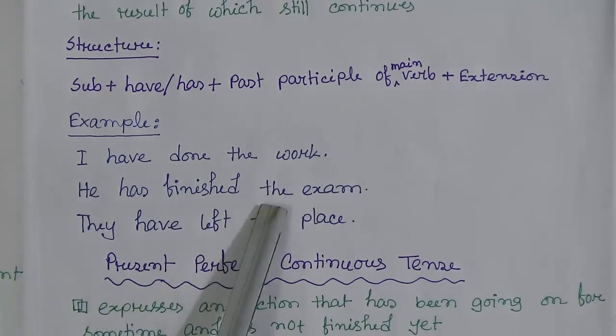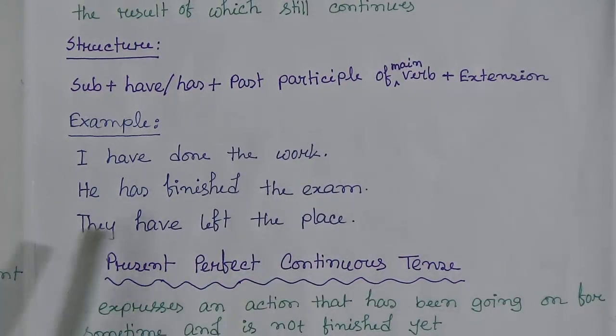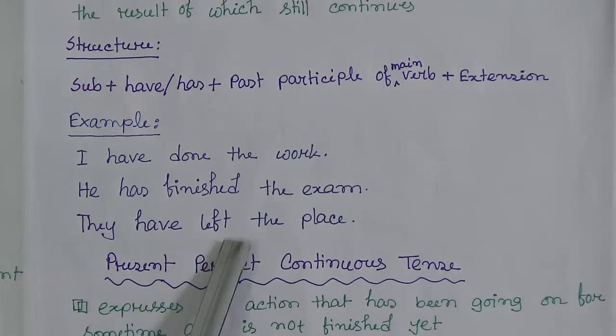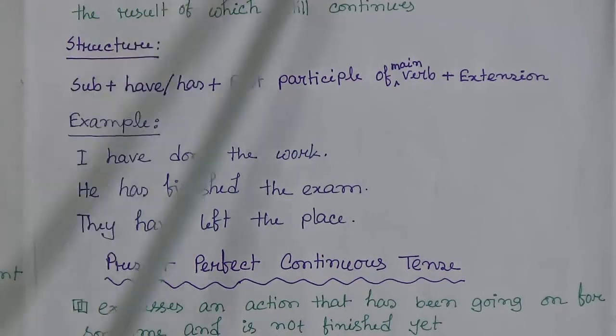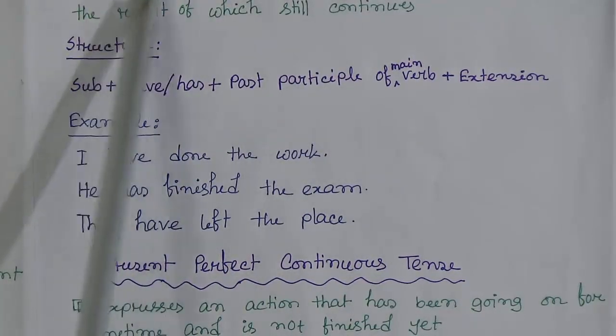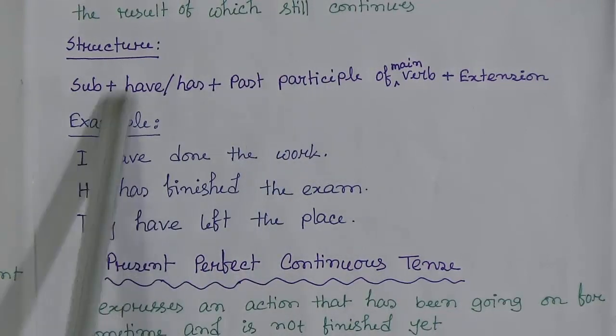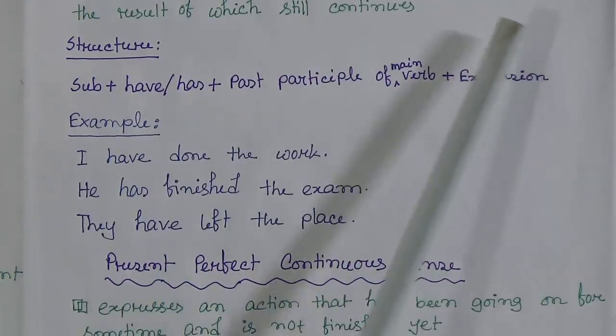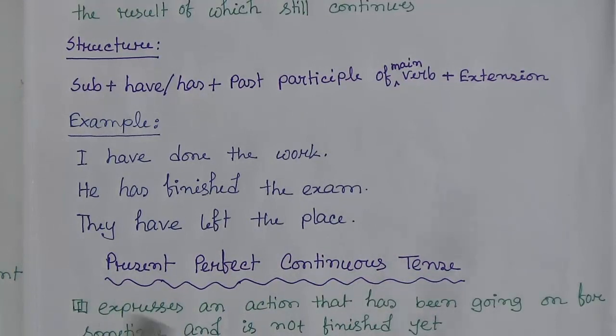So he has finished the exam. They have left the place. So present perfect tense describes an action which has just finished but the result of which still continues.